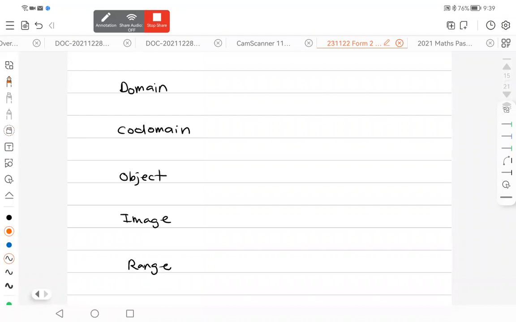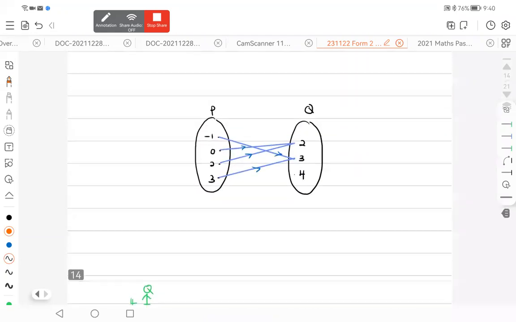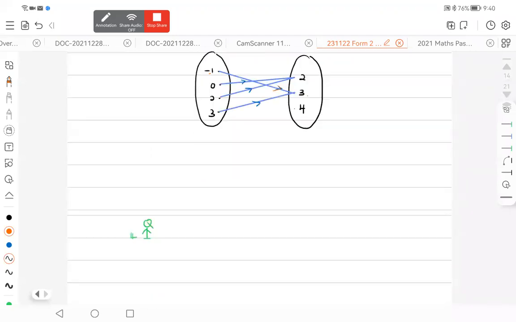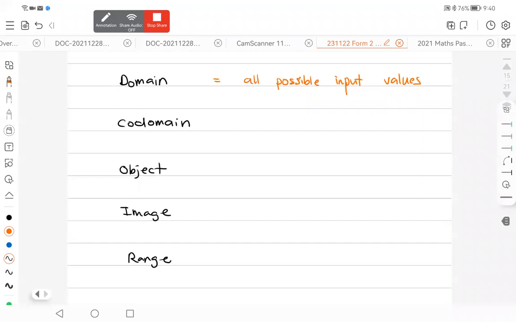It changes already because of "all", right? All possible input values is domain. Why input? If you look at the arrow, you know why it's input. You input -1, then the arrow shows you get 3. That's what it means. So all possible input values.